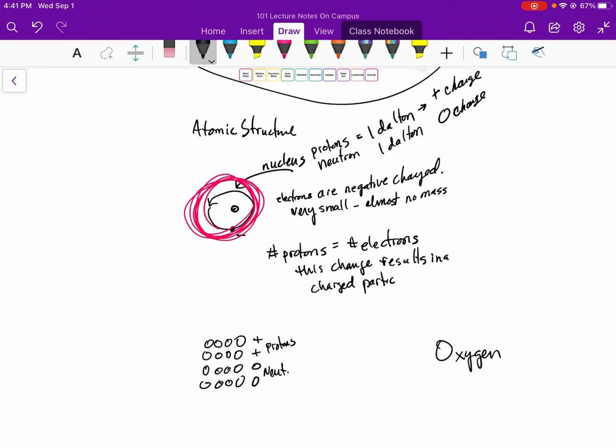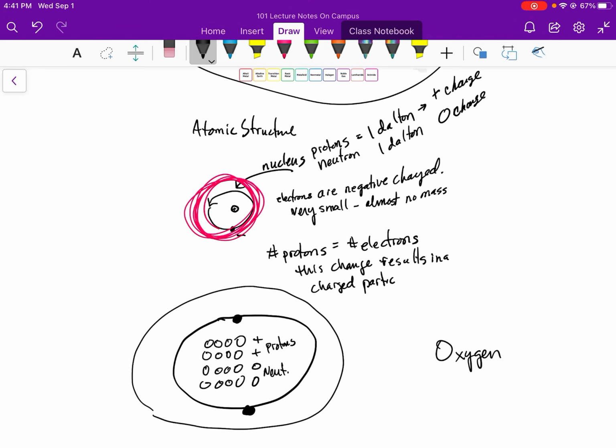When we draw the electrons, I have to put 16, did I say that? Not 16 electrons, but 8 electrons. And electrons are found in shells. There's more than 2, but in this case, there's only 2. In the first shell, you can have 2 electrons, and then it's full. And then you have to move to the next shell. The next shell has up to 8 electrons.